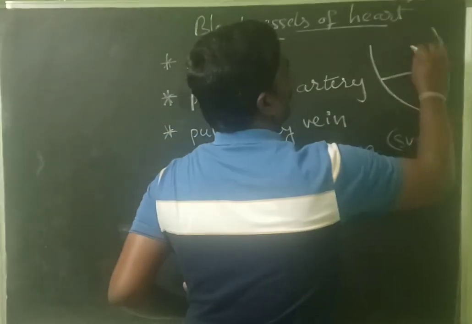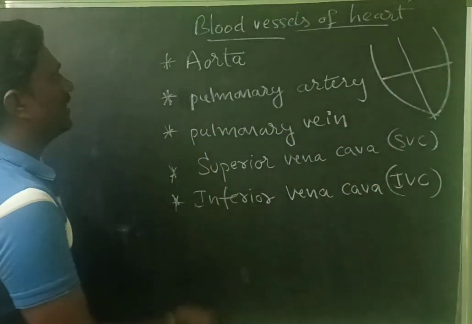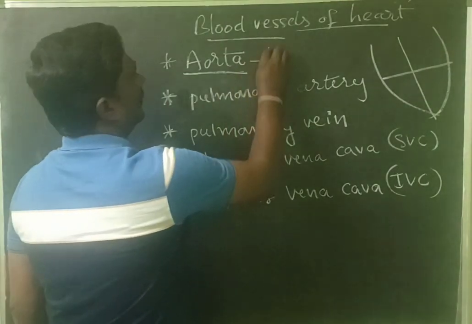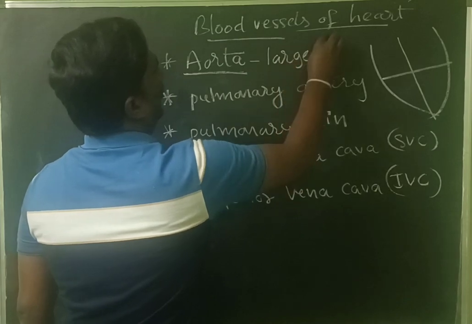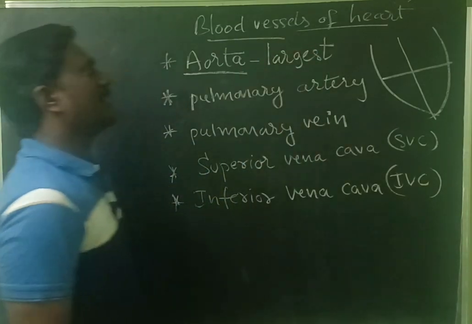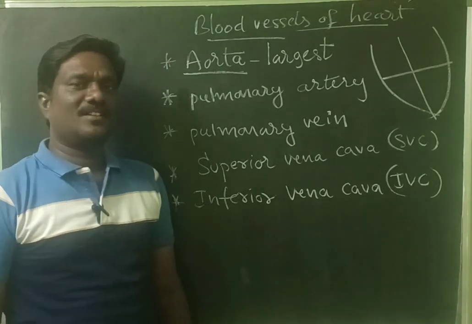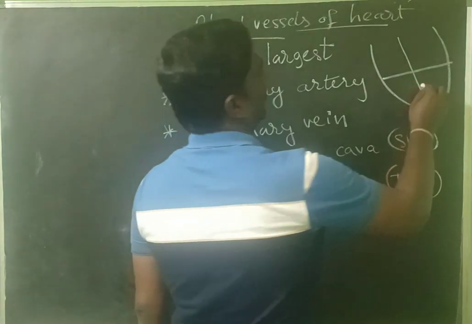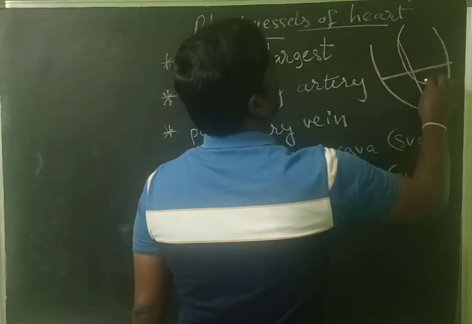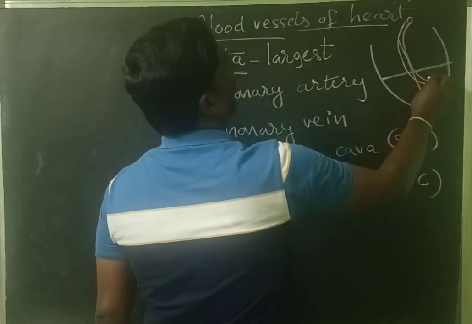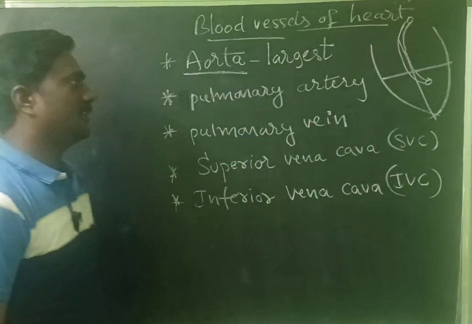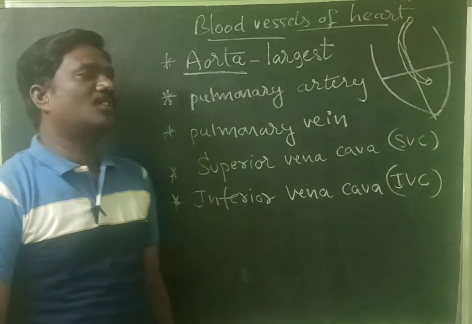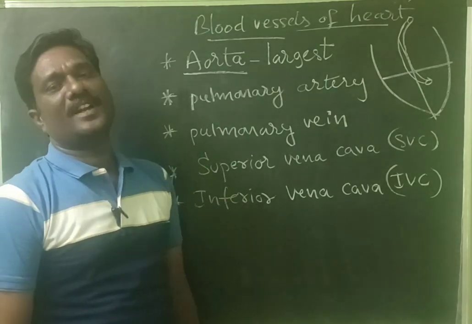First one is aorta, the largest artery of our body. It arises from the left ventricle and distributes the blood throughout our body by respective blood vessels.